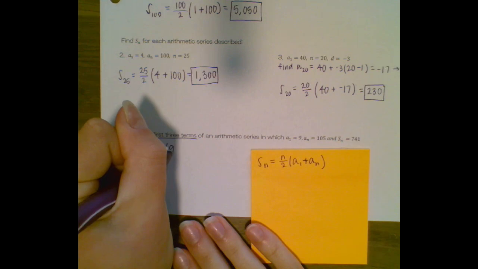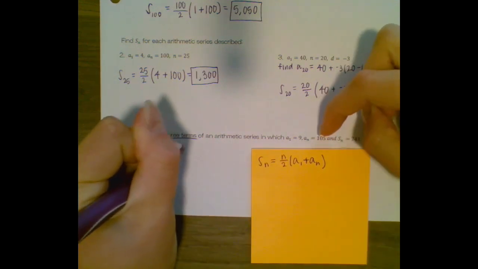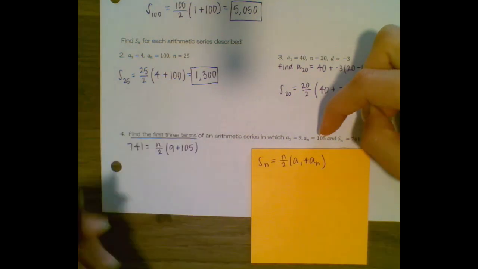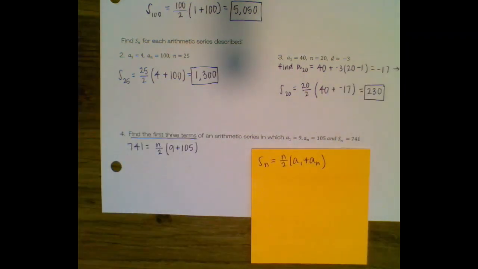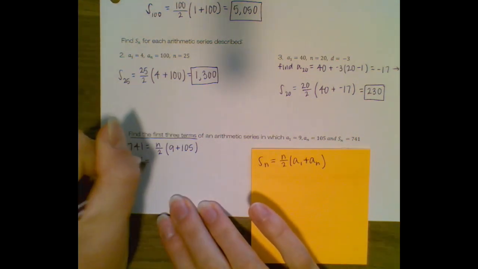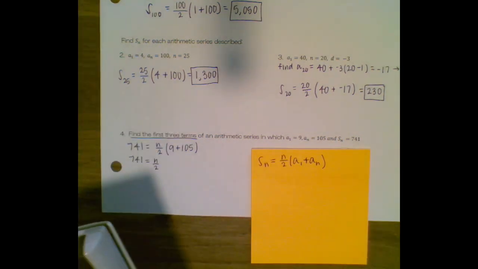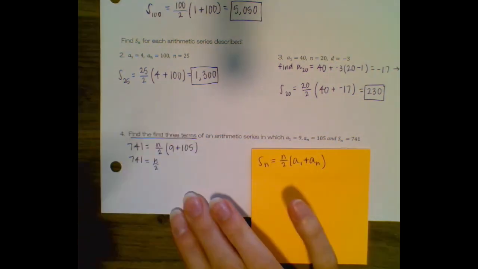So we have 9, because that's a sub 1, plus the last term of the arithmetic sequence was 105. So let's go solve for n. So we have 741 equals n divided by 2. 9 plus 105 is 114.